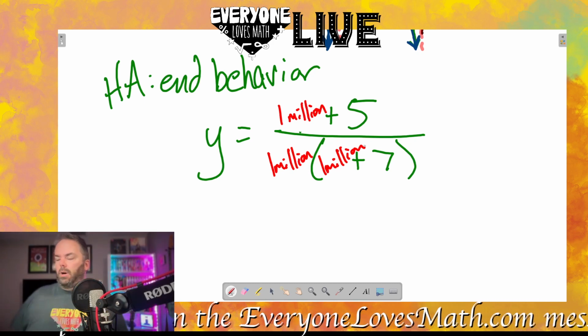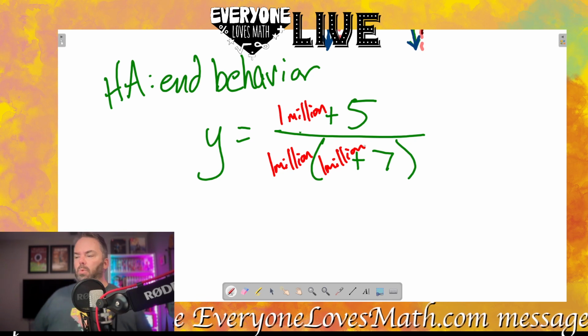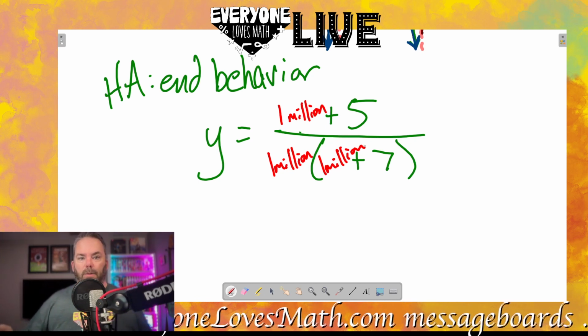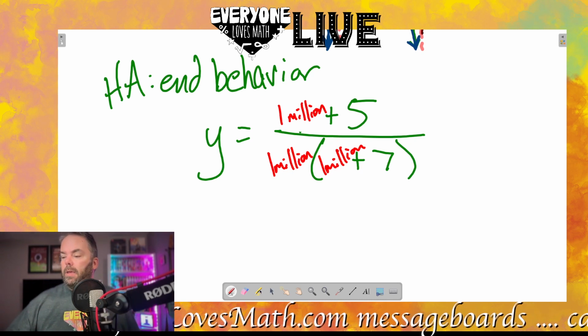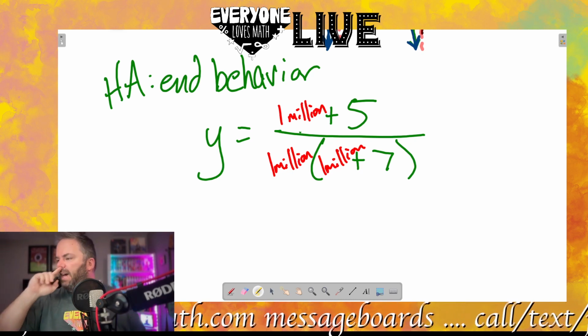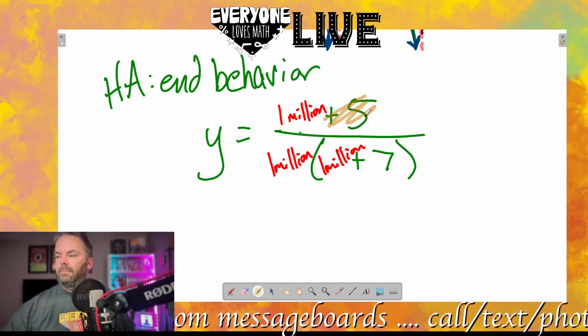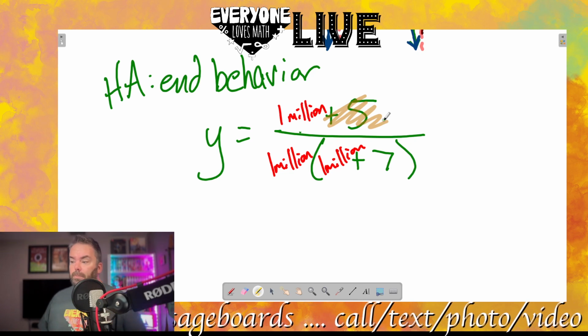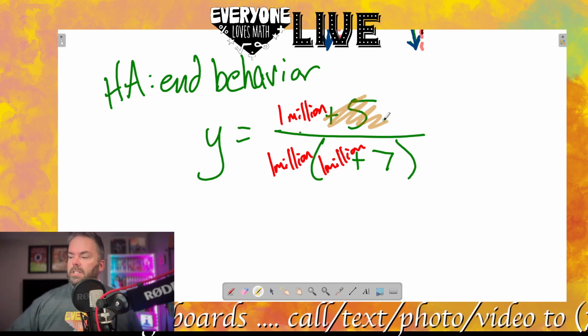Okay, so let's see what happens. Well, the numerator. Stove and I talked about a problem like this before. So in this problem, look at the numerator. The numerator is 1 million plus 5. This plus 5 doesn't even really matter. I mean, once you have 1 million, who cares about 1 million plus 5? Same is true in the denominator.